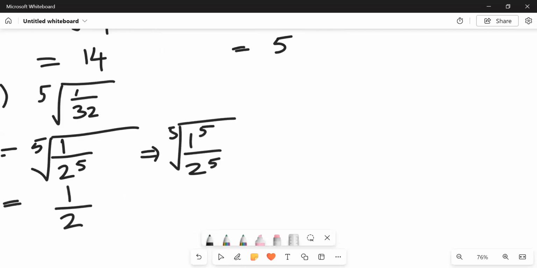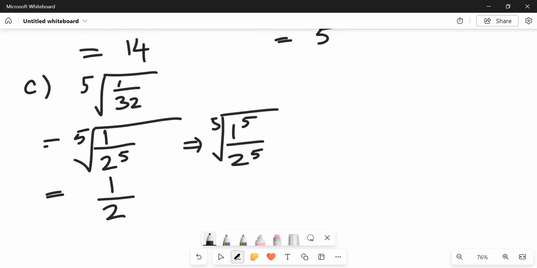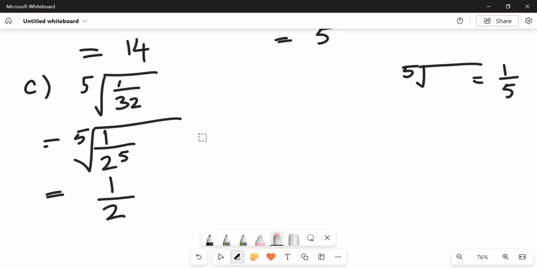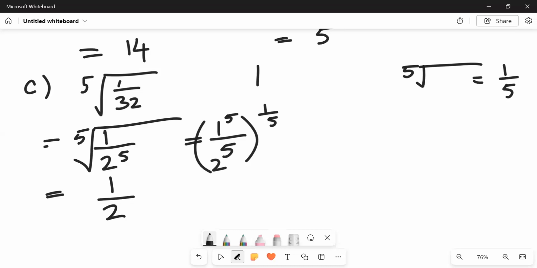That's why. Teacher, I don't understand. If we have this root here, it means we have power 1 over 5. So here the power is 1 over 5. So we can write 1 over 2 to the power 5, raised to 1 over 5, or this 5 we can write as 1 to the power 5, because any power of 1 is equal to 1.